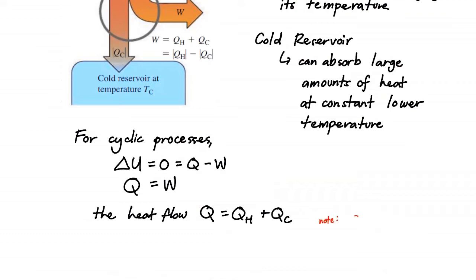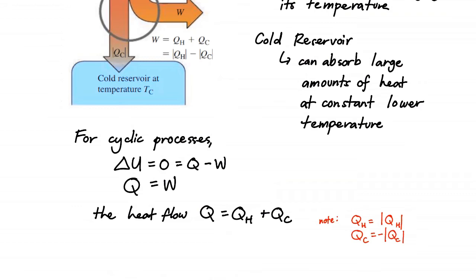So take note, our Q sub H is equal to the absolute value of Q sub H. This is true because we know that the value of Q sub H should be positive. On the other hand, our Q sub C will take a value of negative times the magnitude of Q sub C, kasi alam natin that Q sub C should take a negative value.